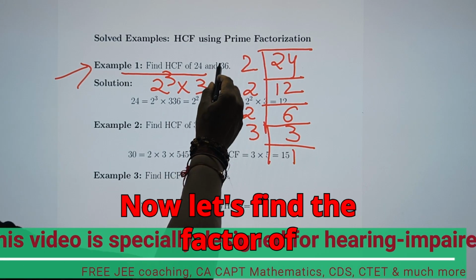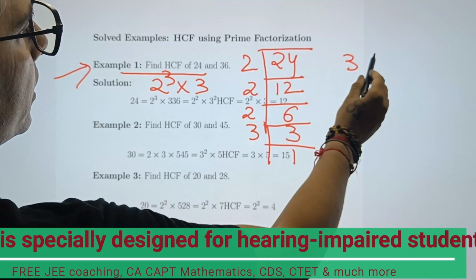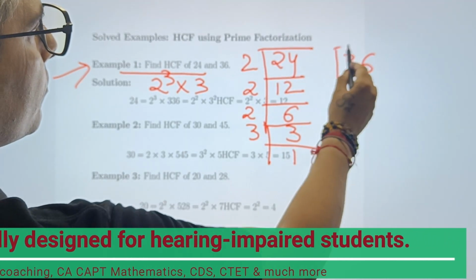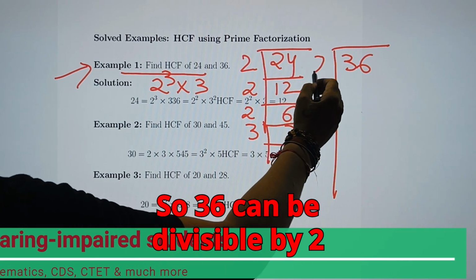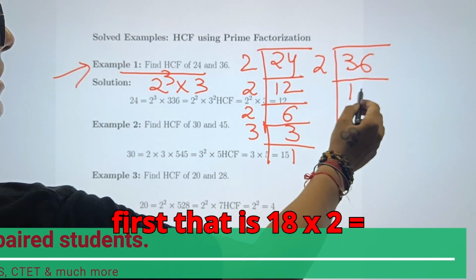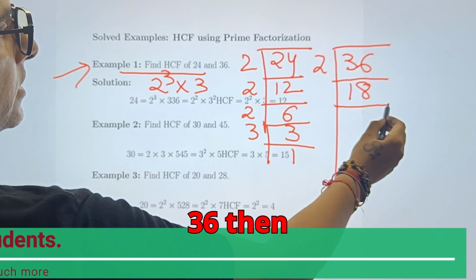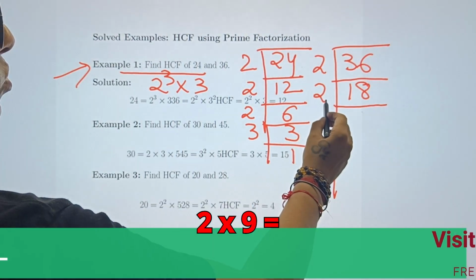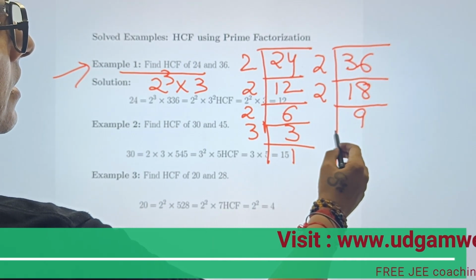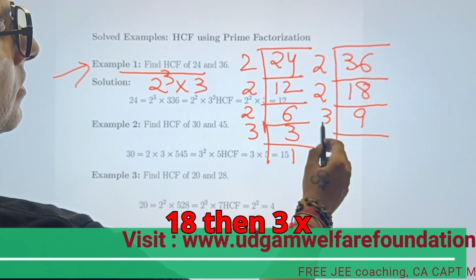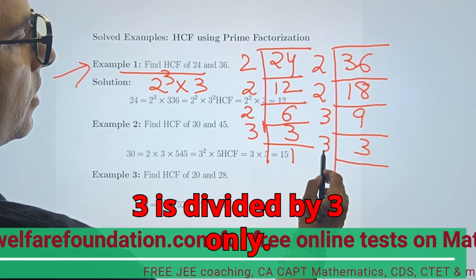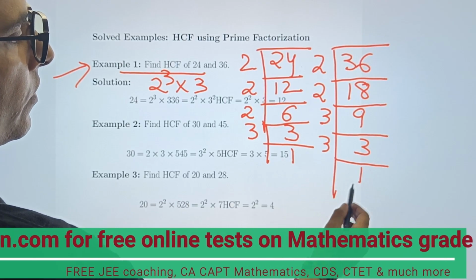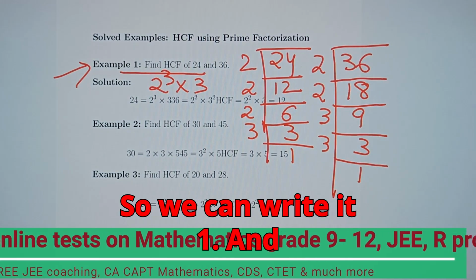Now let's find the factors of 36 here. So 36 is divisible by 2 first, that is 18 into 2 is 36, then 2 into 9 is 18, then 3 into 3 is 9, then 3 is divided by 3 only, so we get 1.